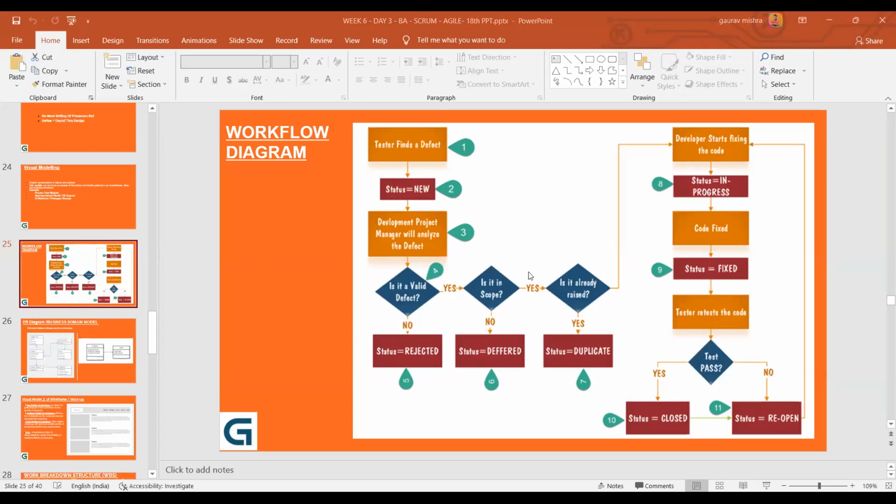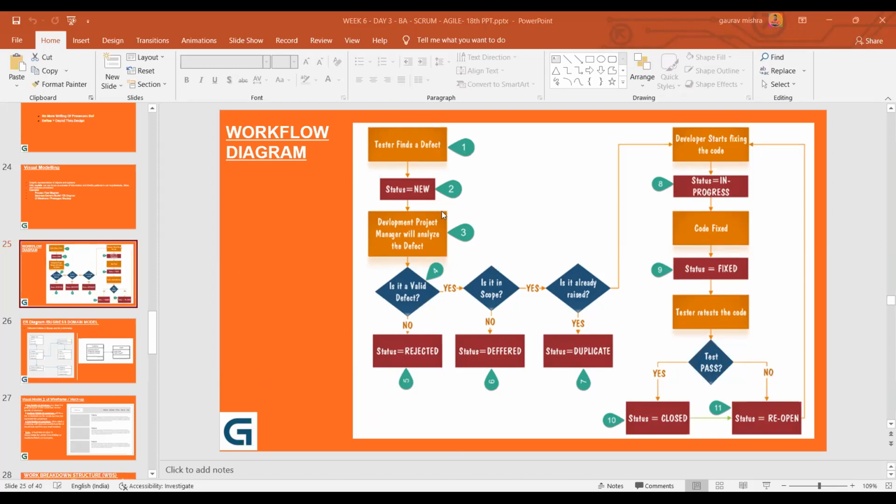So here I was mentioning the defect life cycle. Are you able to remember this? Aparna, remember? Someone remember? Okay, so I believe now you have your memory refreshed.